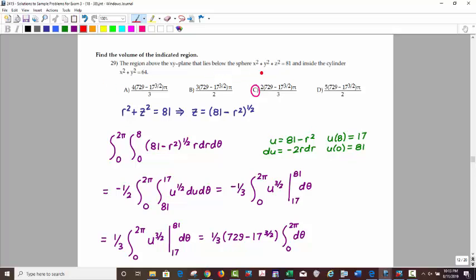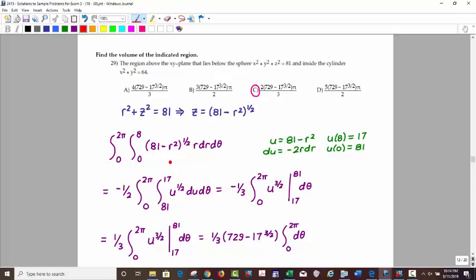So we have the height, basically, is going to be solving this equation for z. And x squared plus y squared is r squared. So r squared plus z squared is 81. So z equals the square root of 81 minus r squared.